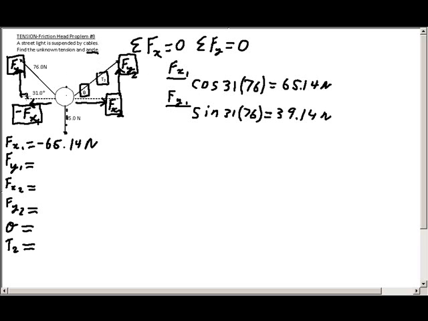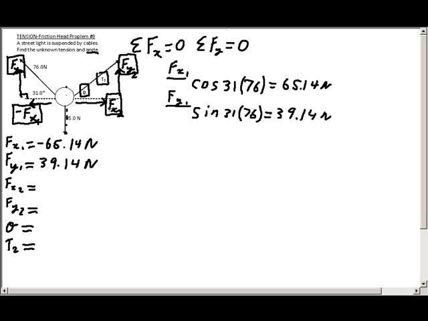Now this is in the positive direction, so we're going to keep that as 39.14 newtons.